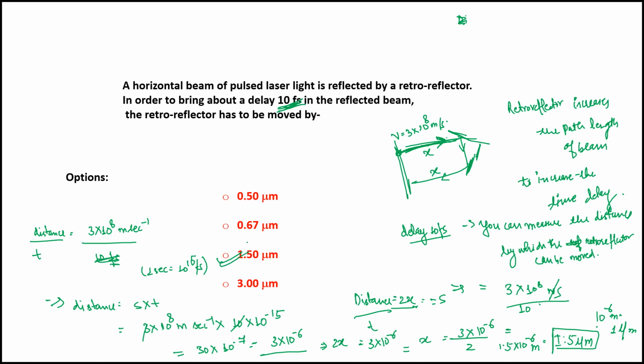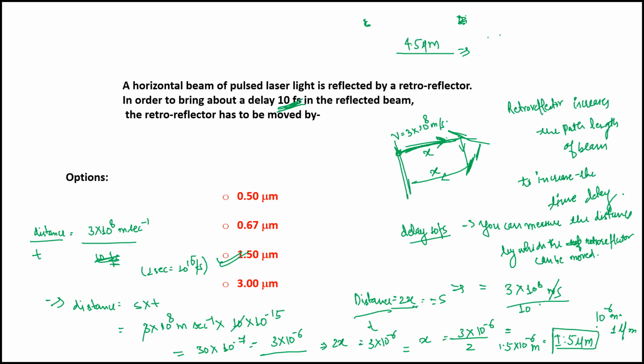Now, suppose I give you that the retroreflector is moved by, say, 4.5 micrometer. Okay. The retroreflector is moved by 4.5 micrometer. So then what will happen?